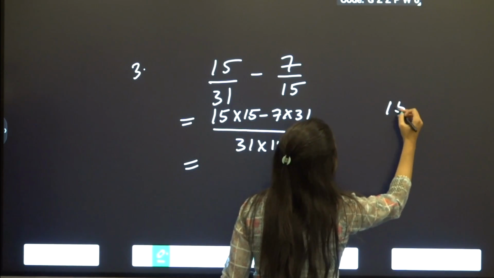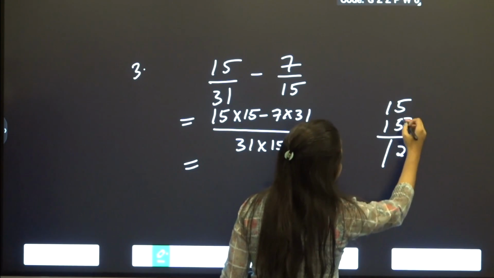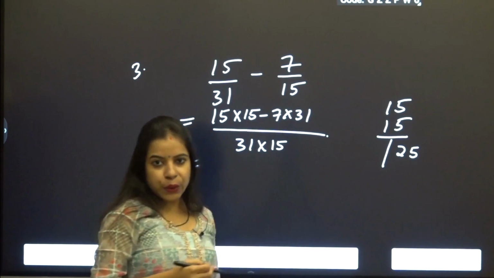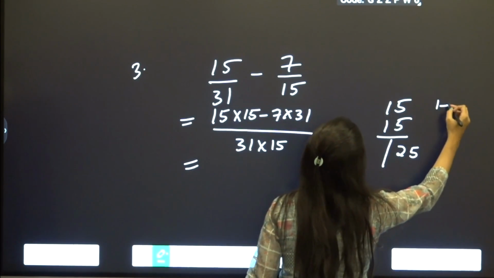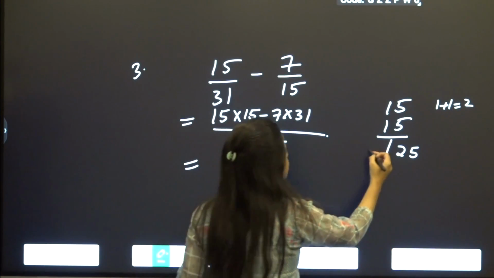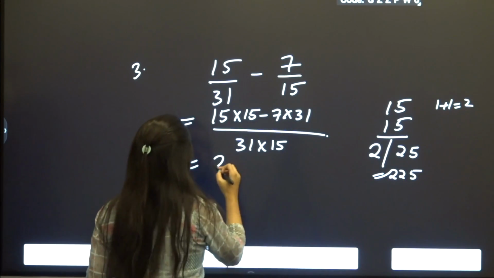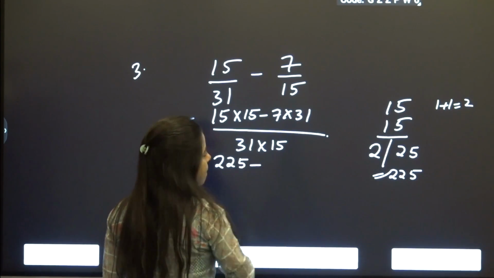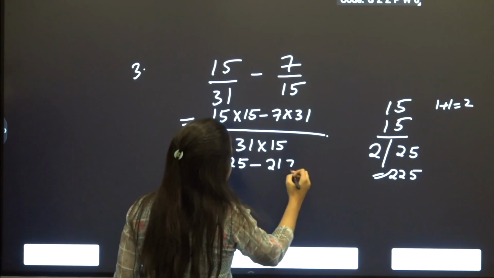So the right part will be 5 into 5, 25, and using the sutra ek adhikena purvena, 1 plus 1 is 2, 2 into 1 is 225. So 15 into 15 is 225 minus 217.